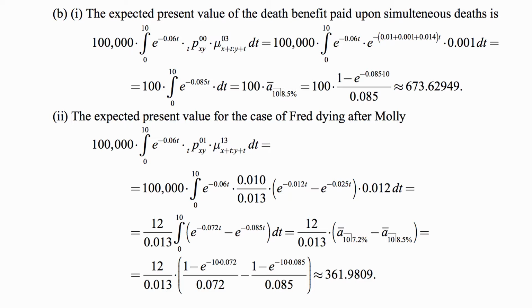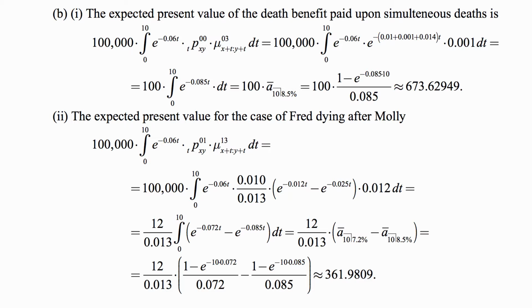So over a period of time of length t, the system transitions from state 0 to 1, and then instantly the system transitions from state 1 to state 3.